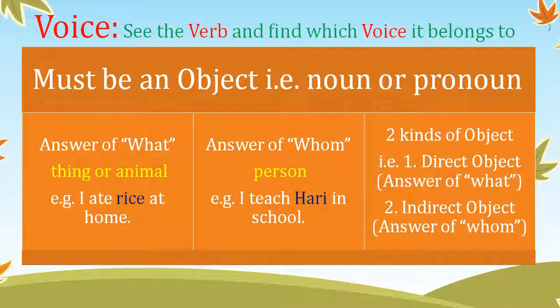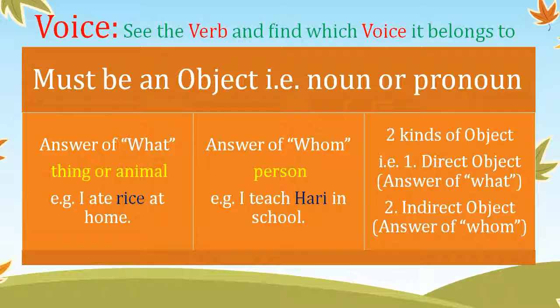From this rule we come to understand there are two kinds of object.